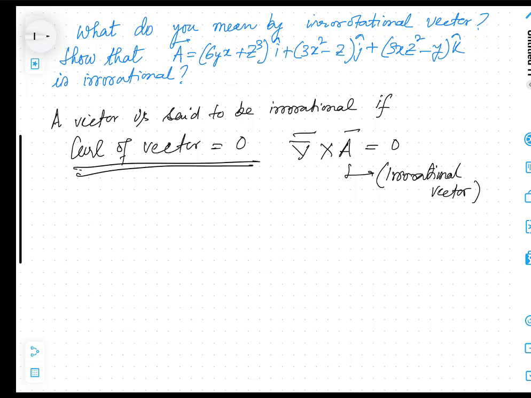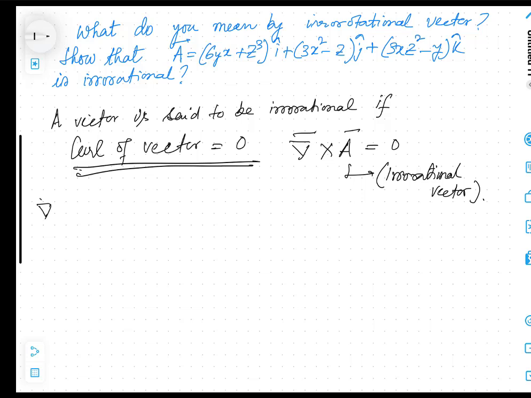Okay, so let us prove that this given vector A, 6xy plus z cube i cap plus 3x square minus z j cap plus 3xz square minus y k cap, is irrotational. So what do I have to prove? I have to calculate the curl of this vector, which should be 0. So let us start.